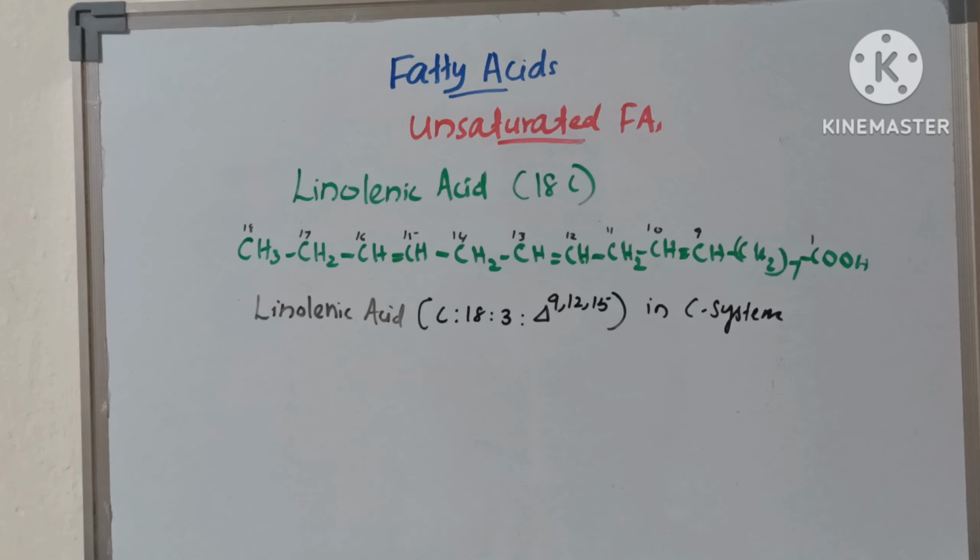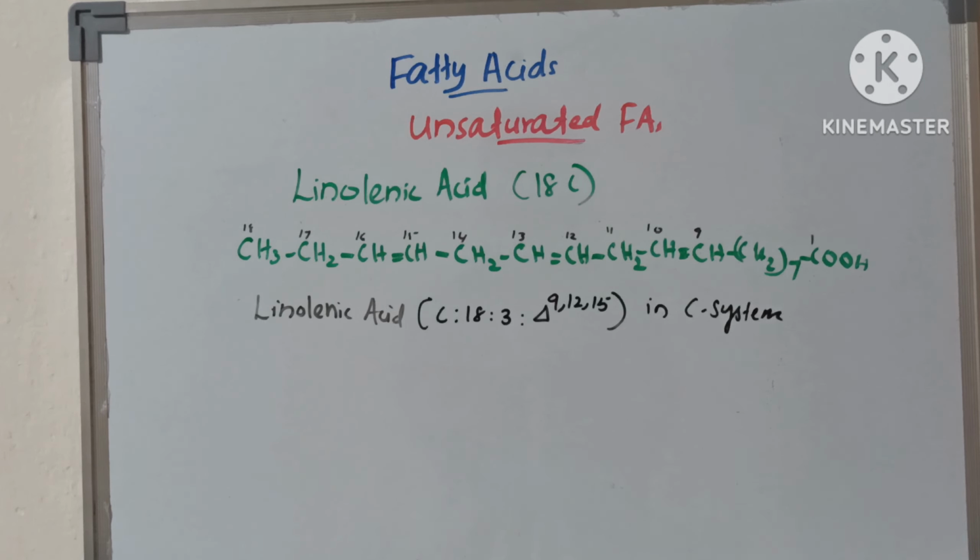Another example of unsaturated fatty acid is linolenic acid, which is also an 18 carbon unsaturated fatty acid. Here in C system it is represented as C18:3 delta 9,12,15. It means it has 18 carbon atoms, 3 double bonds: first between 9 and 10, second between 12 and 13 and third between 15 and 16.